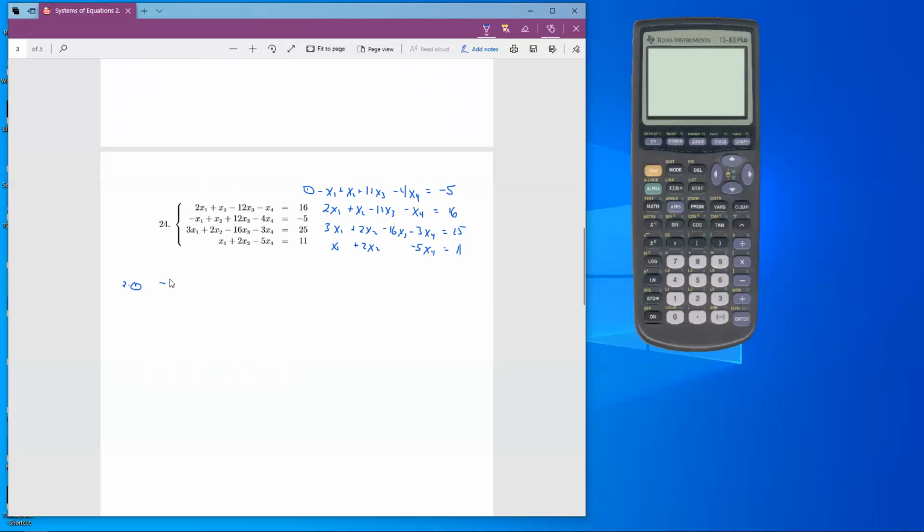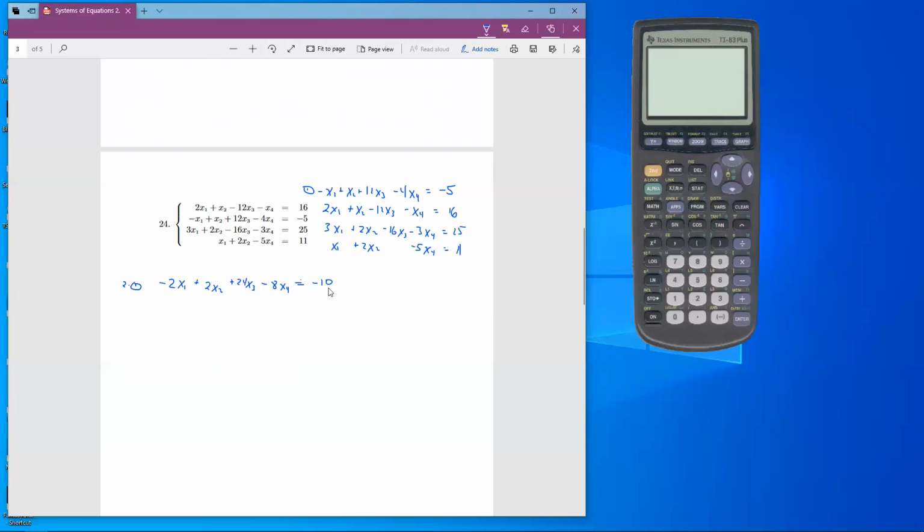So that's going to be negative 2x1 plus 2x2 plus 24x3 minus 8x4. Don't forget the right-hand side, and that's going to give me a minus 10.